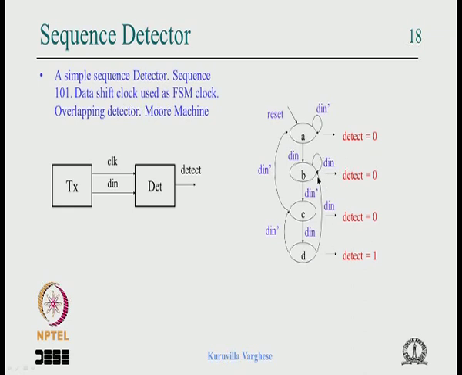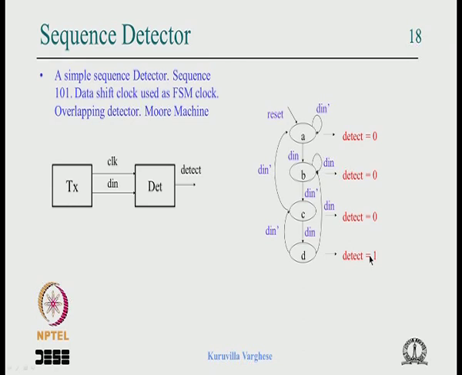If it is 1 go back to state B, because a new sequence could be starting. If it is 0, this is the probable second bit of a new sequence, 1 0, and that is done. So we have 4 states, A B C D, 1 input D in and 1 output. Let us look at the VHDL coding of this, and this is a Moore kind of output.